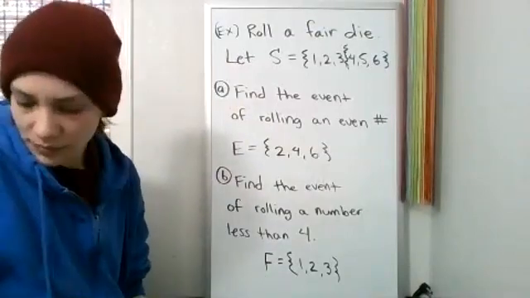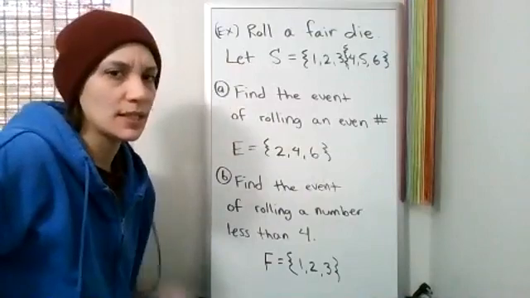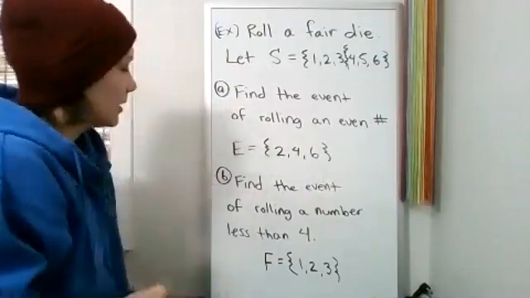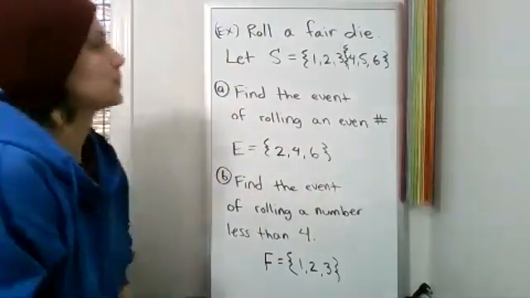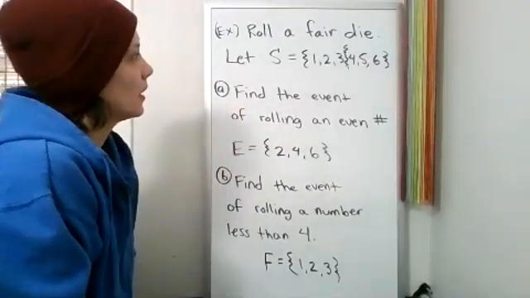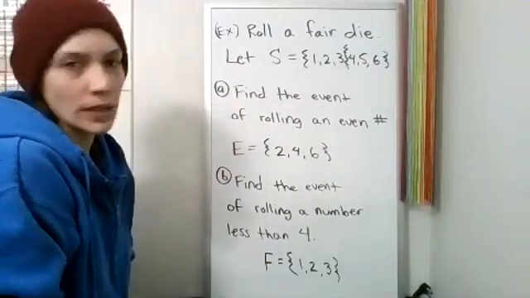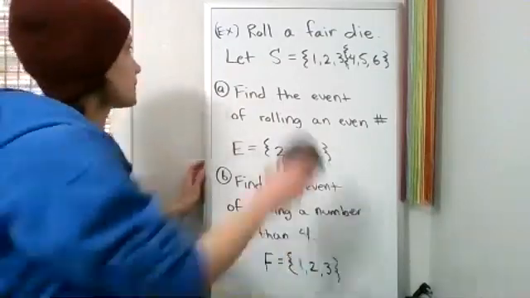I think we'll just do one last piece to this example and call it good. So let's do the event of rolling a number greater than or equal to 5.